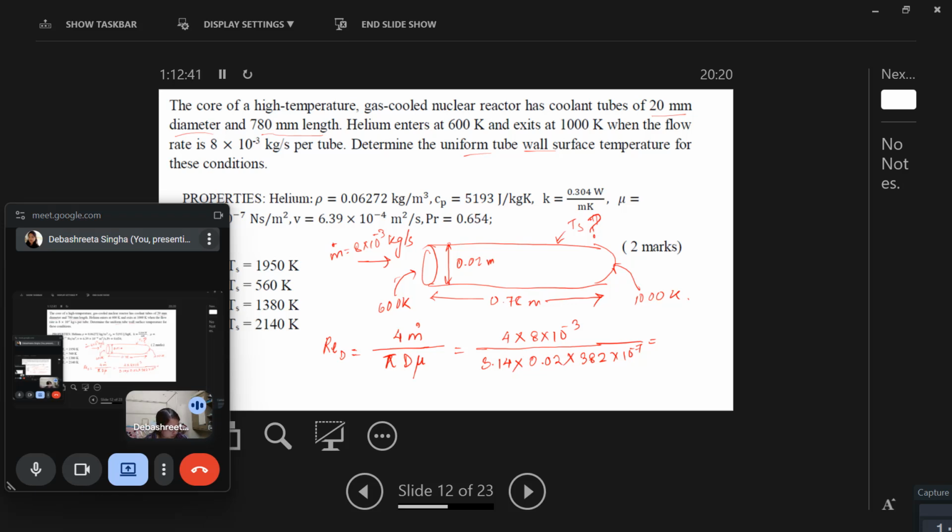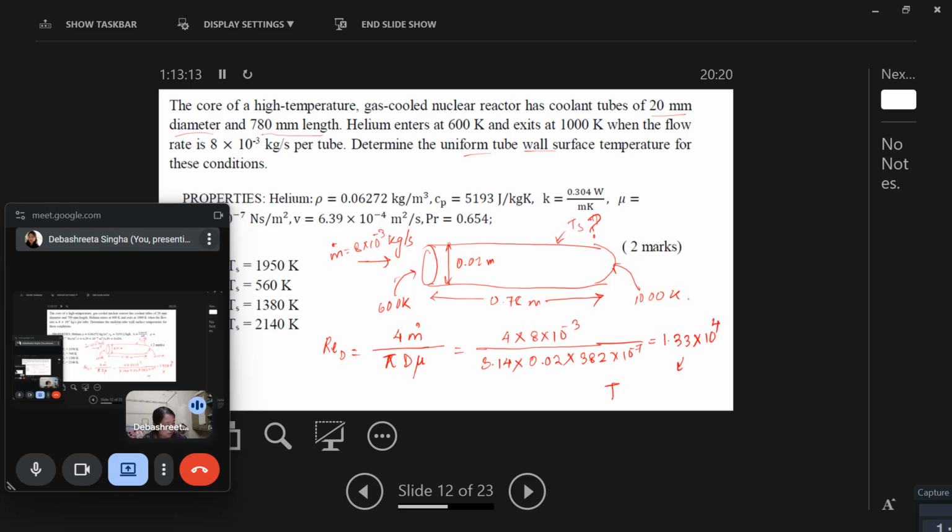So if we calculate it, it will come out to be 1.33 into 10 to the power 4.